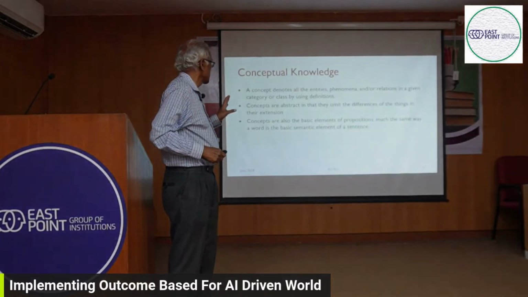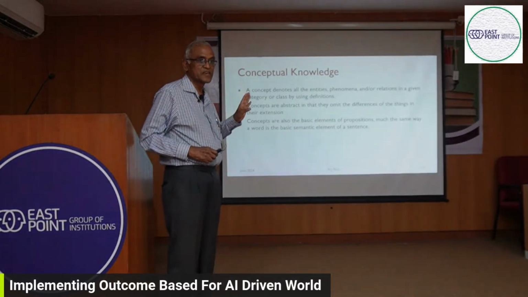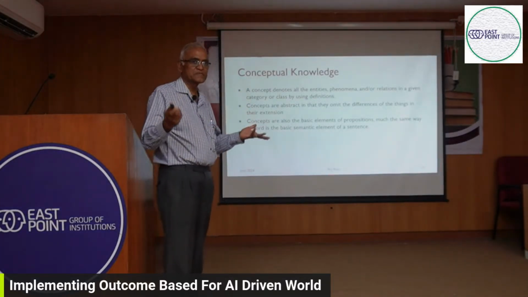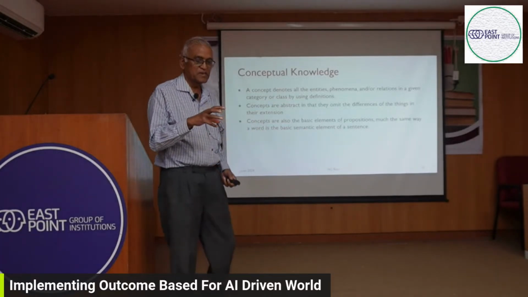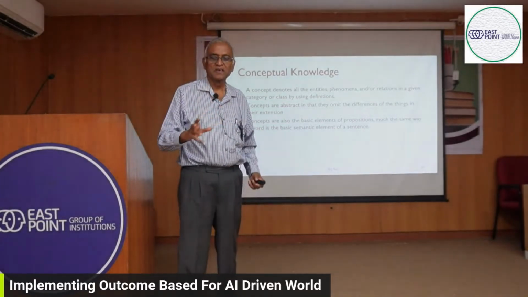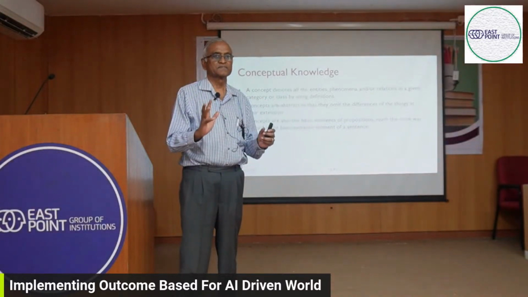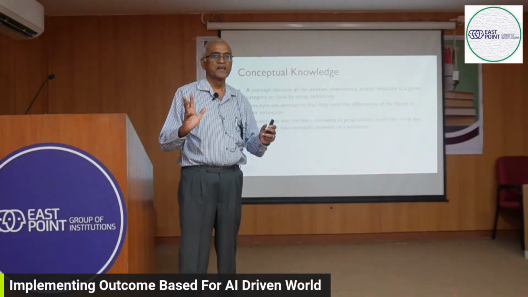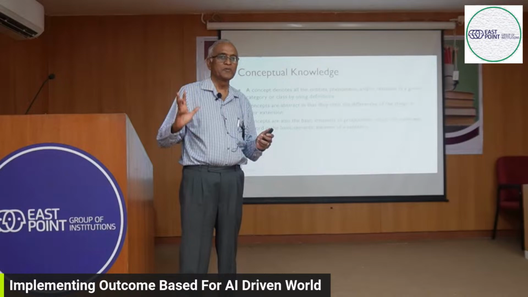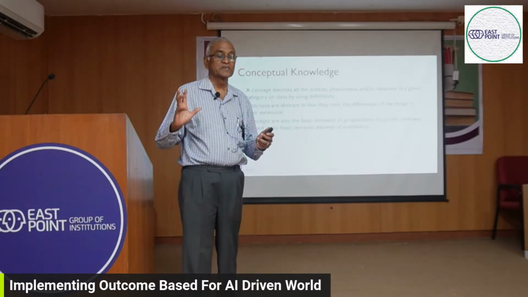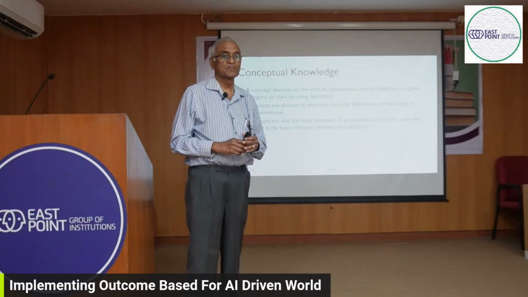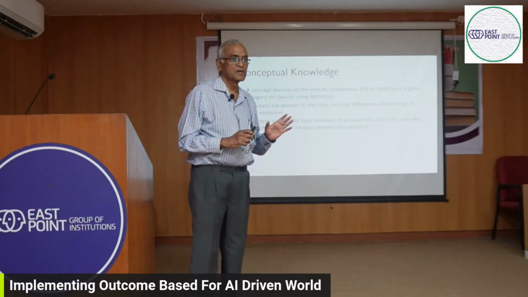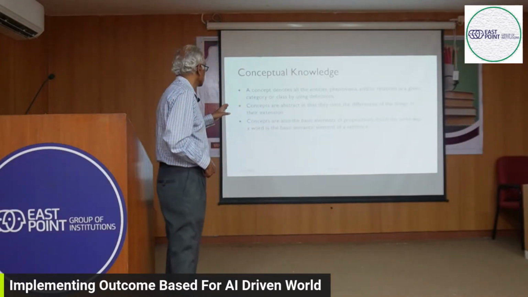Now concepts are abstract first. Tree is an abstract concept. That means I'm giving that name tree to a group of objects, and I should be able to decide whether a given object belongs to that group. That is the main issue.